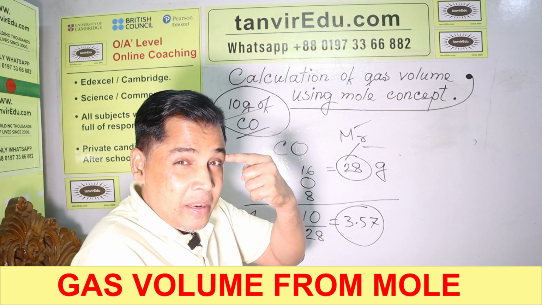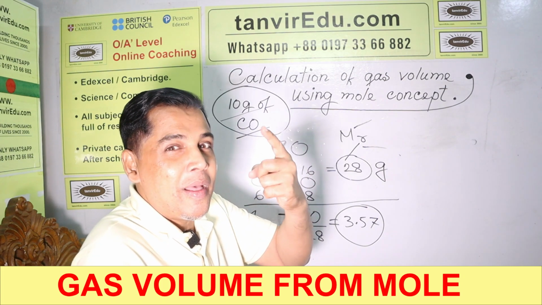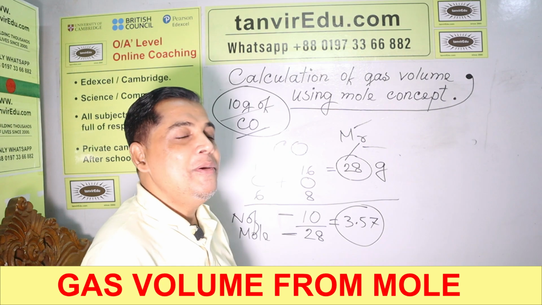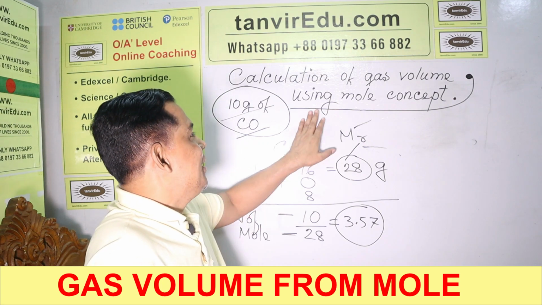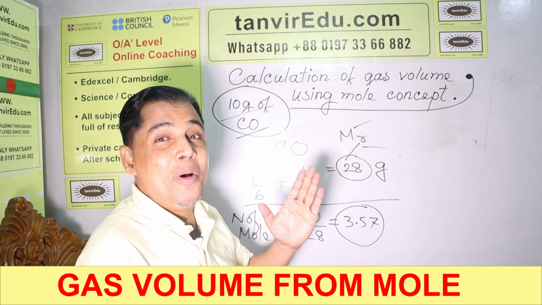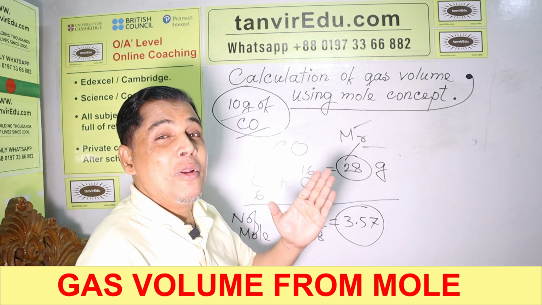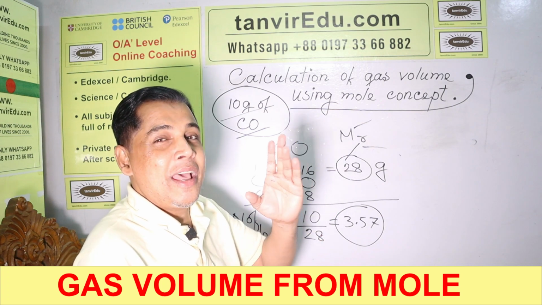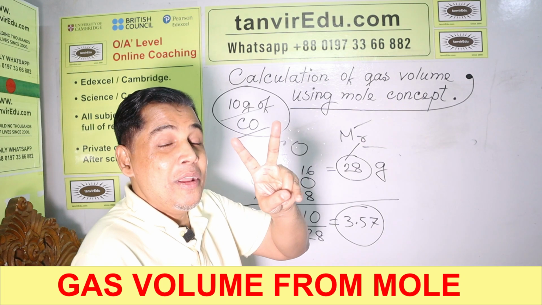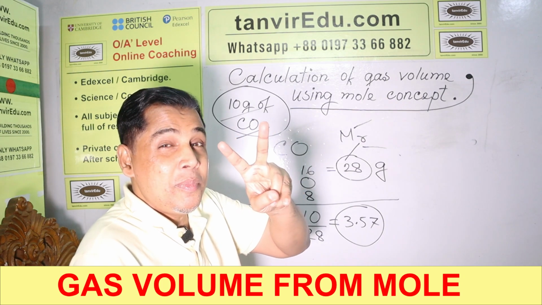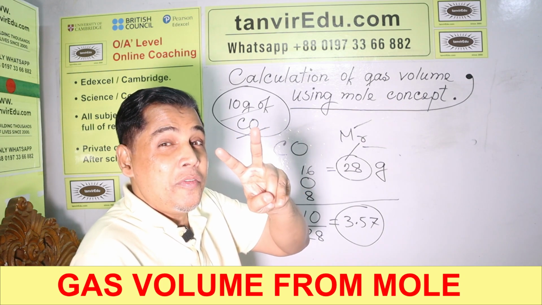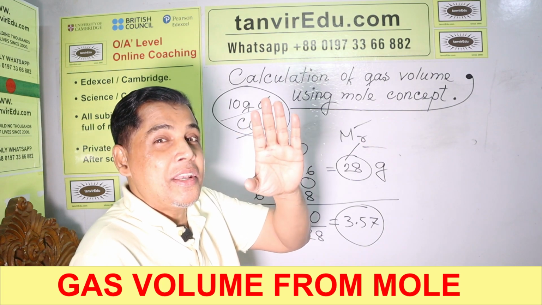In your brain you need to penetrate one thing. If you get number of moles, multiply by molar volume 24. There are two types of molar volume: 24 decicubic meter and 24,000 cubic centimeter.